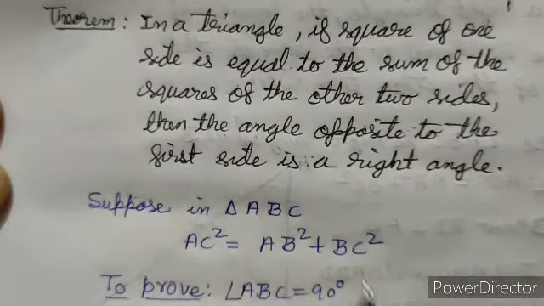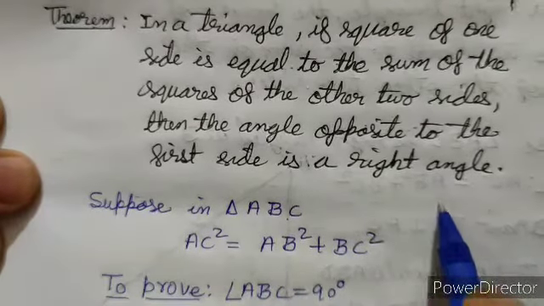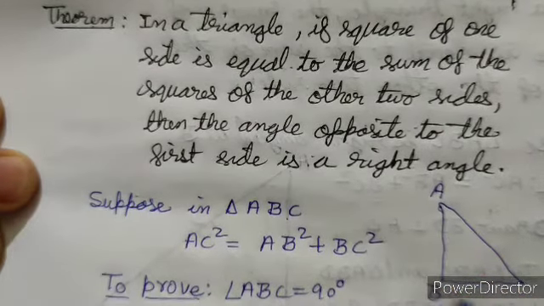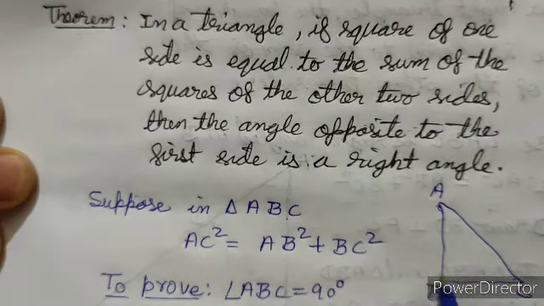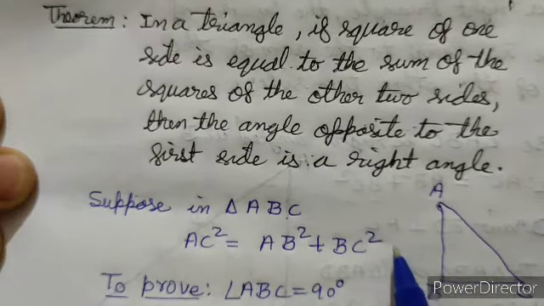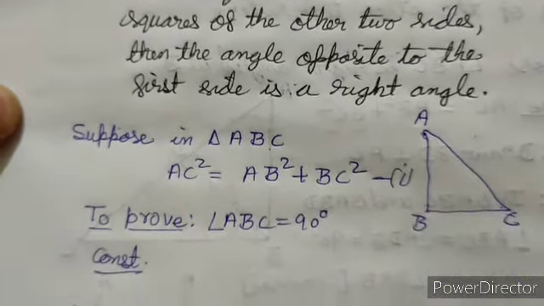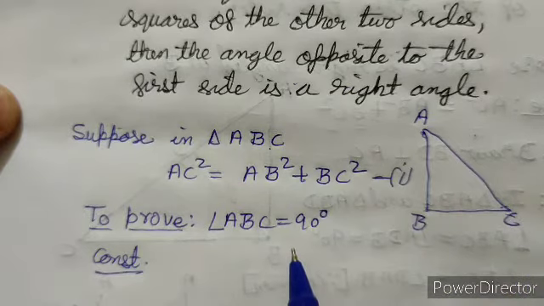Now suppose in triangle ABC, AC square is equal to AB square plus BC square. Now we have to prove that angle ABC is of 90 degrees.